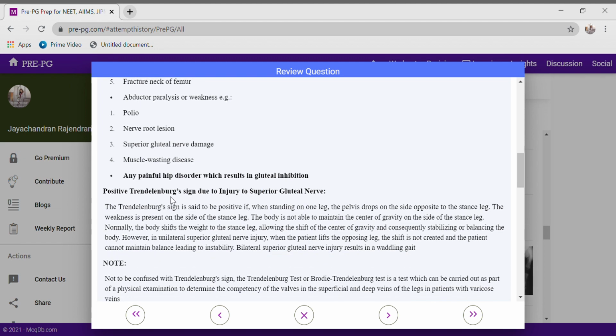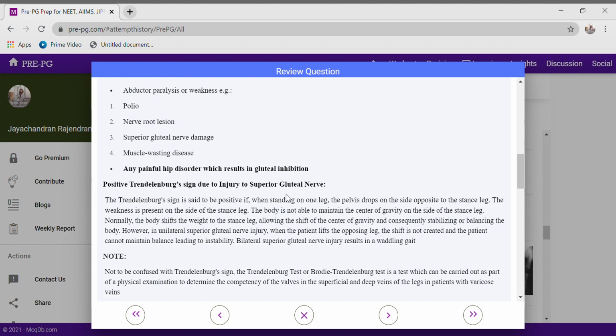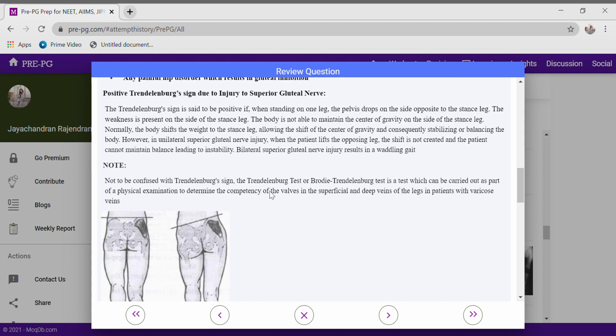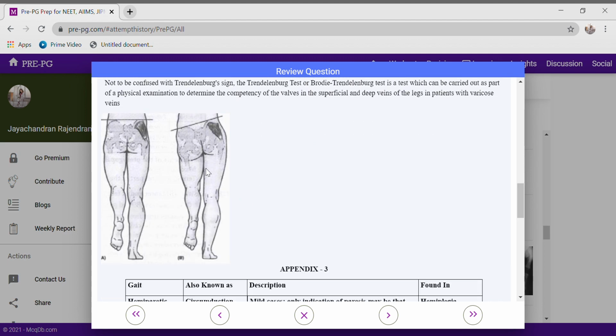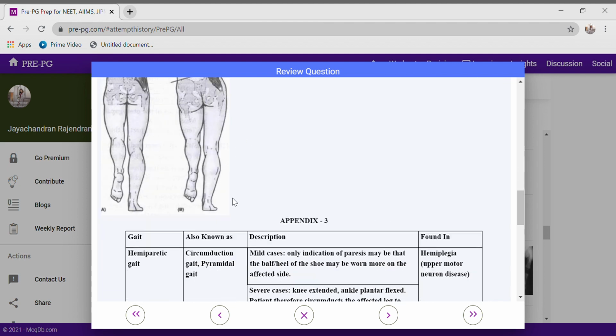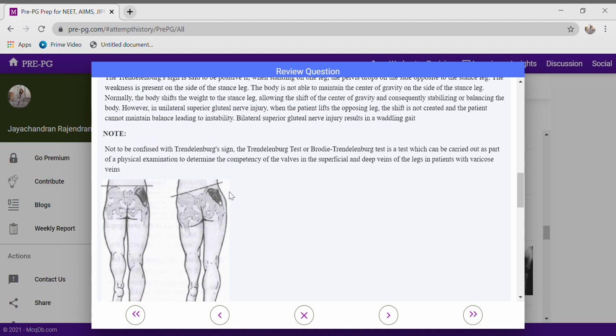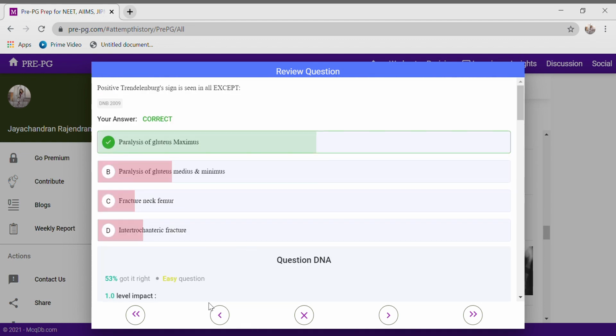This positive Trendelenburg sign is due to injury to the superior gluteal nerve, which does not supply the gluteus maximus. This is the gluteus medius getting affected, which gives the Trendelenburg sign, as we call it in medical terms. So this is a very important MCQ question.